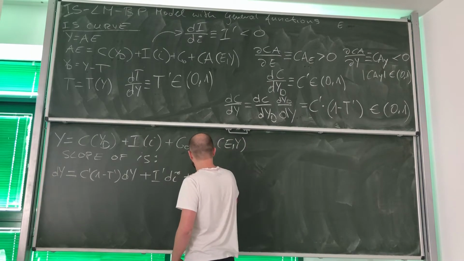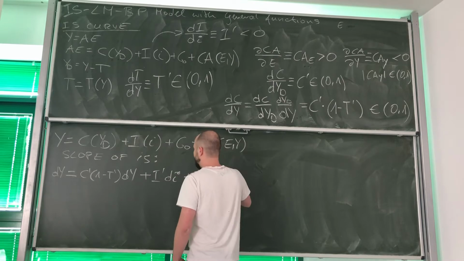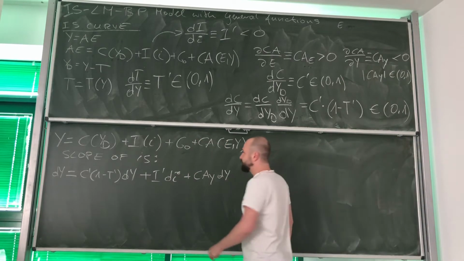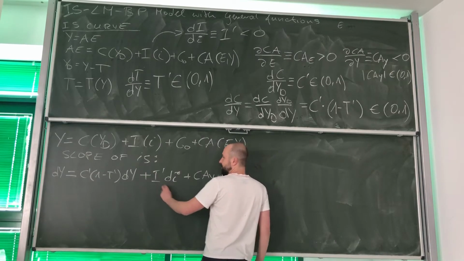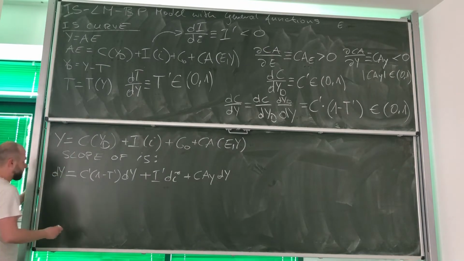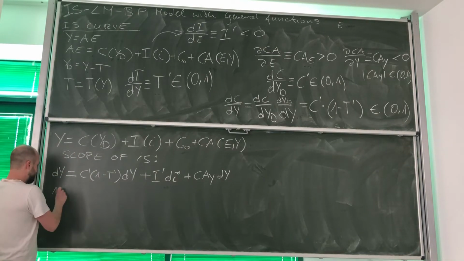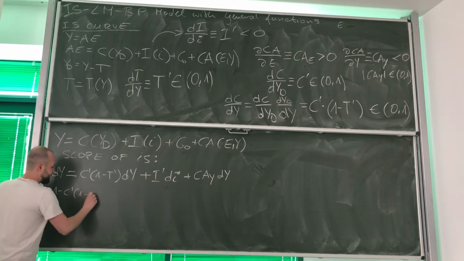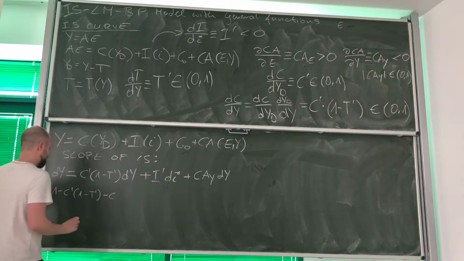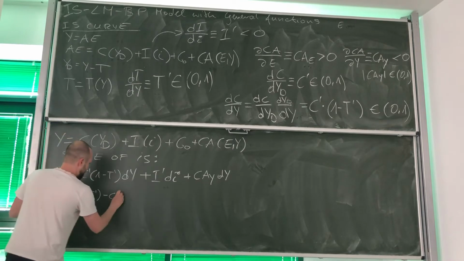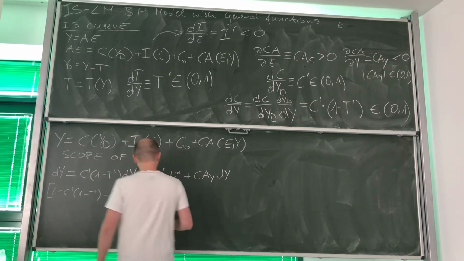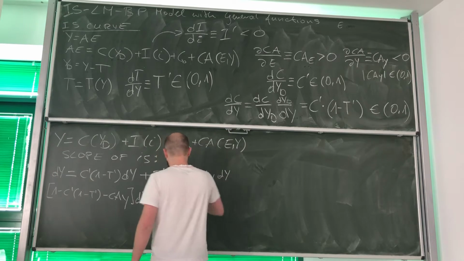We will have that this is CAY dy. Okay, and look, let's put all the expressions with y on the left-hand side, and everything else on the right-hand side. So we've got 1 minus C prime, 1 minus T prime, minus CAY, dy equals I prime di.